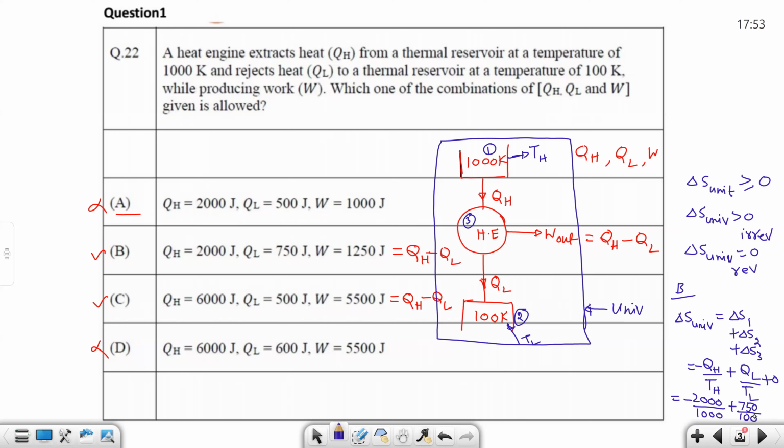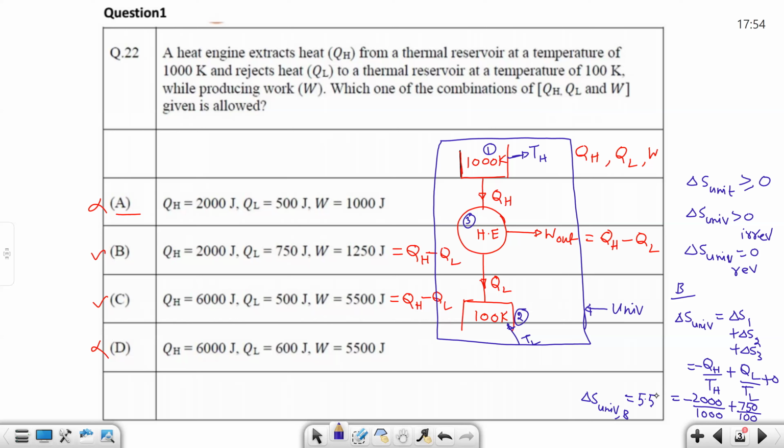So the entropy change of the universe for B will be 5.5. So it is greater than 0.